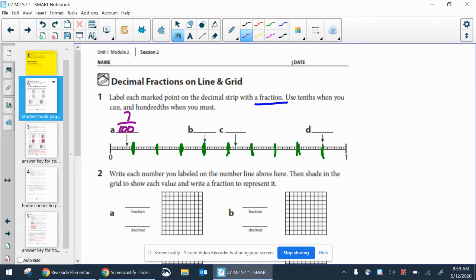For B, I'm noticing that it's right on where my number line is divided into tenths. So my denominator is going to be a 10, and this is 1, 2, 3, 4 tenths.